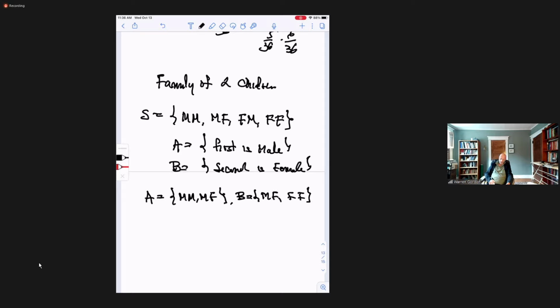Okay, notice P of A is 2 out of 4. P of B is also 2 out of 4. Notice A intersection B is what? Male, female. The probability, therefore, is 1 out of 4.